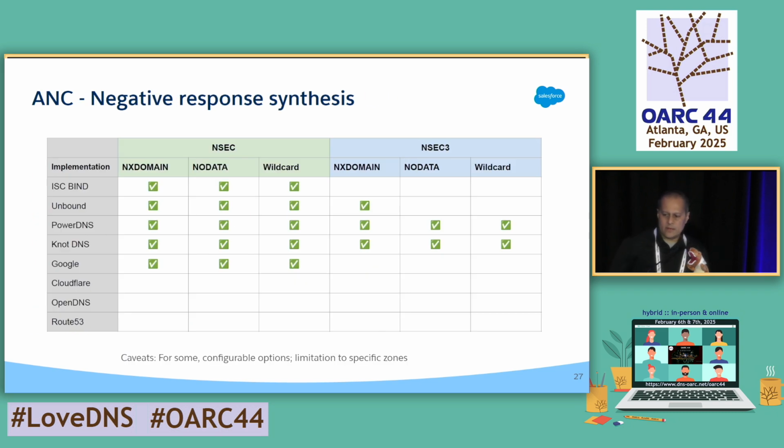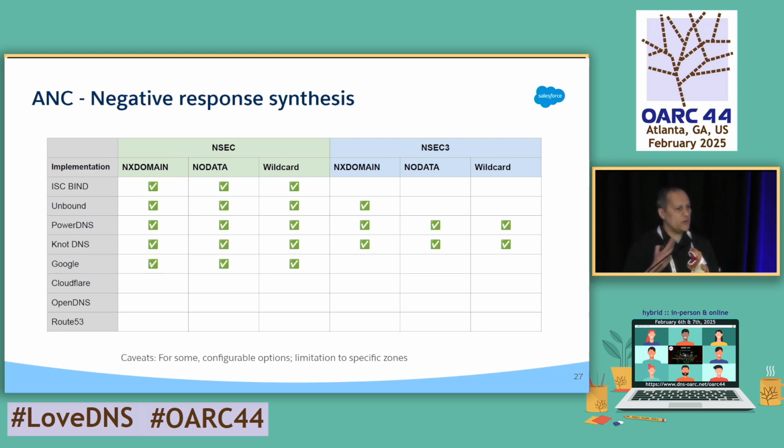A quick survey of implementation support. As you can see from this chart, the open source implementations all do this for NSEC. In addition, PowerDNS and Knot DNS do it for NSEC3. Of the 3 cloud providers and 3 open resolvers and 1 cloud provider that I tested, only Google does this, but only for NSEC.